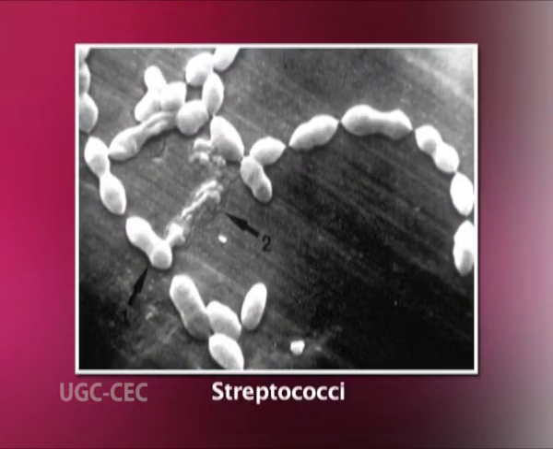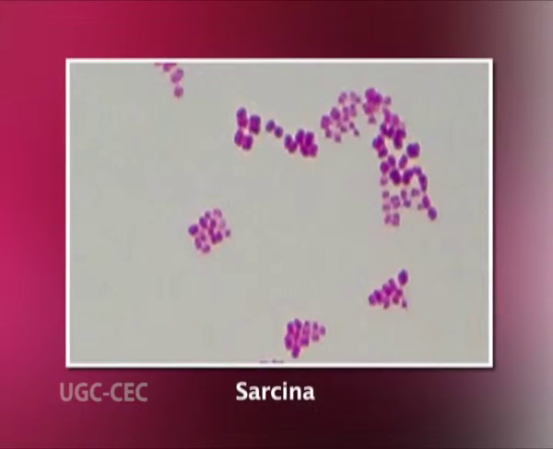Streptococci occurs when a coccus divides along one plane and arranges like a chain, as in Streptococcus agalactiae, Streptococcus bovis. When the individual coccus undergoes division along 3 perpendicular planes so that multiplication takes place in 3 directions, it gives groups of 8 cells called sarcina.